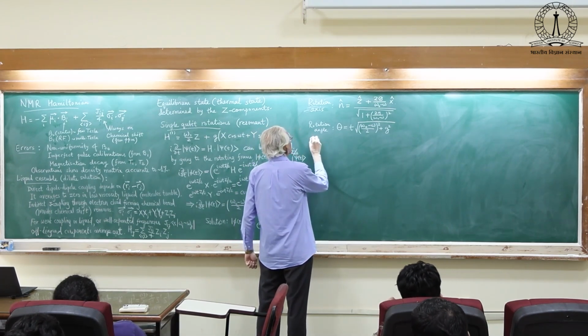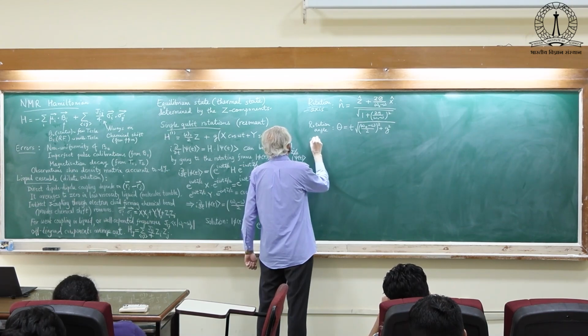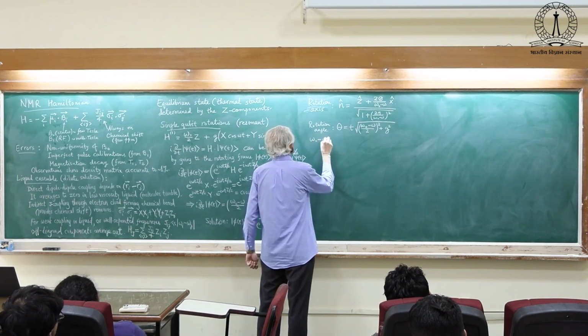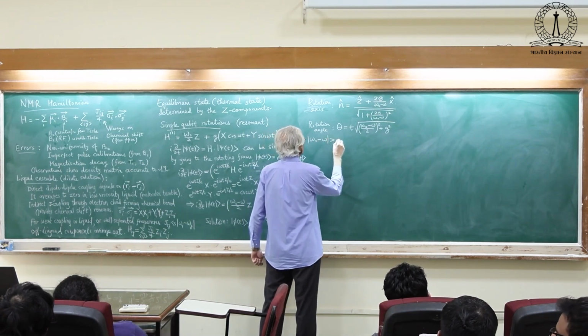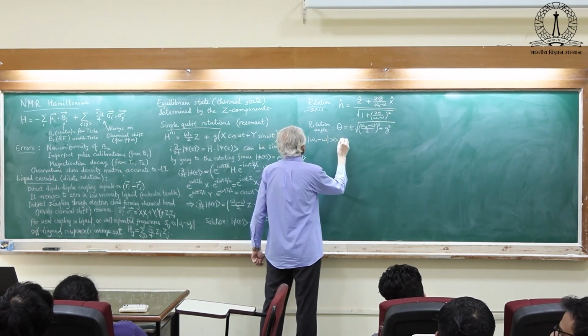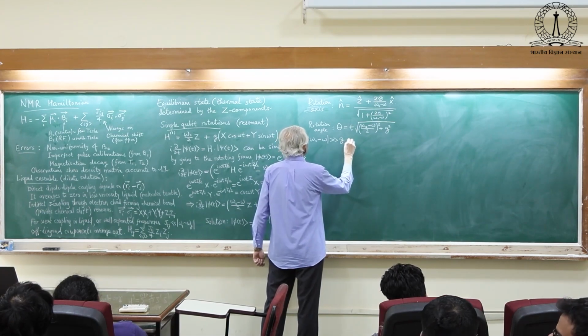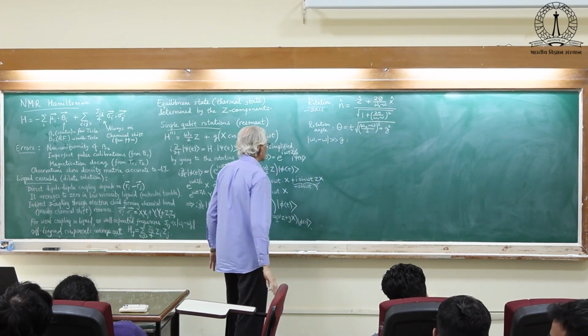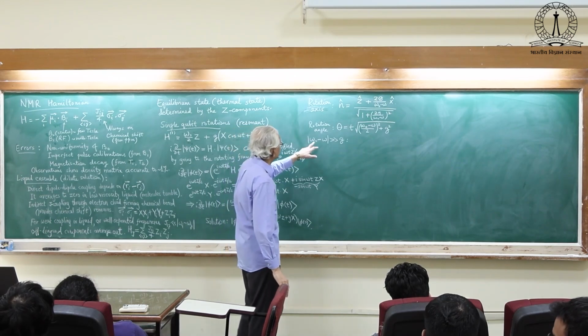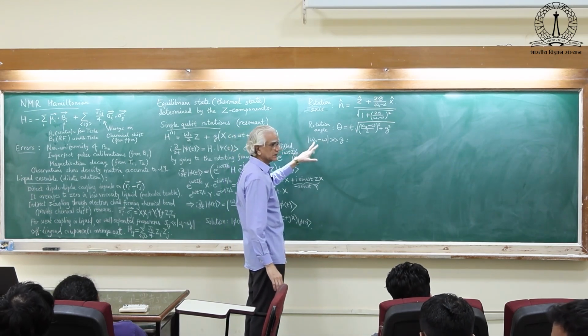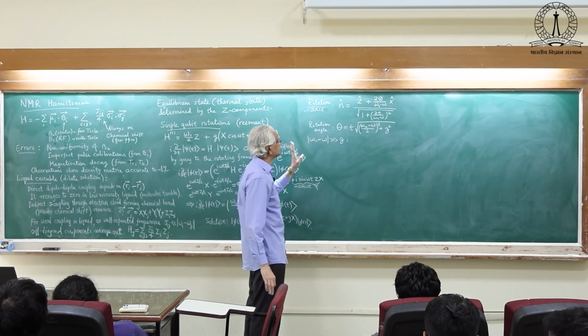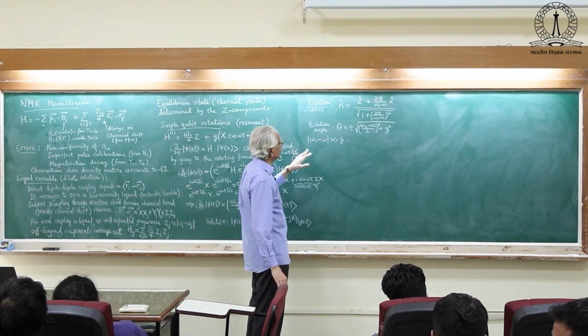One is omega 0 minus omega much larger than G, which means you are sitting away from the resonance. Okay.